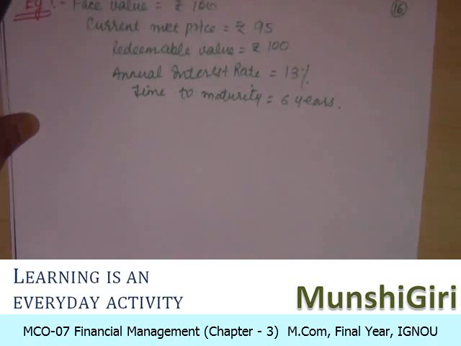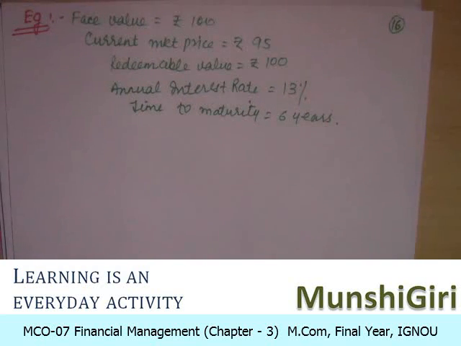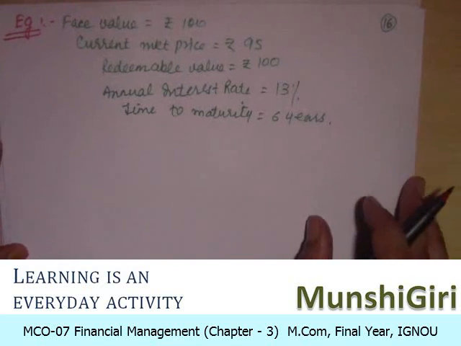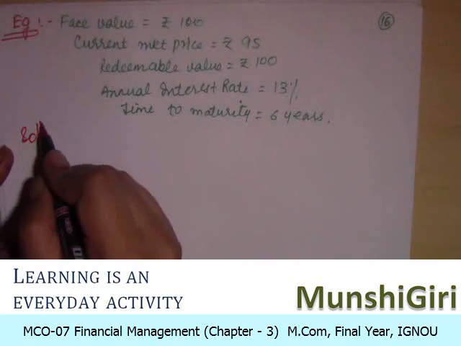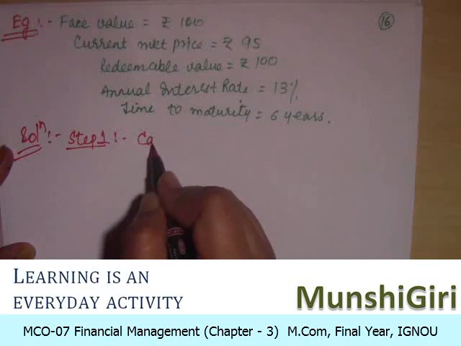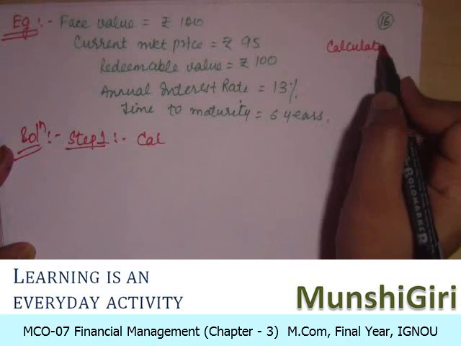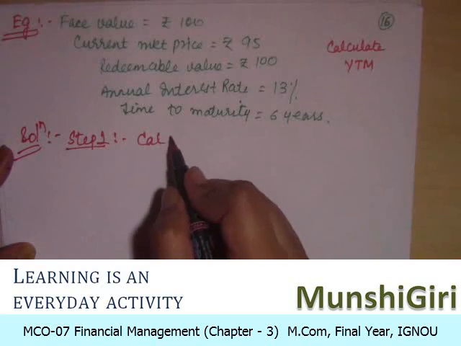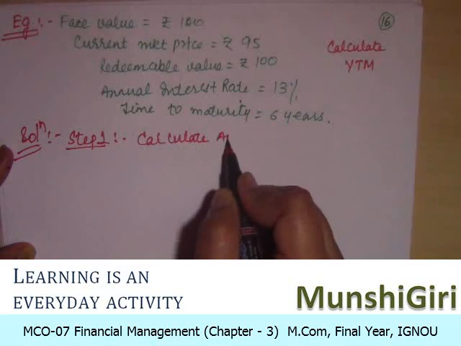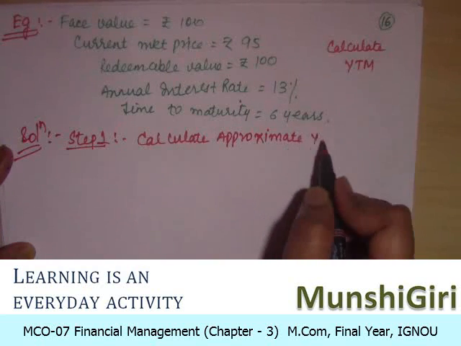So in the first step we had talked about the calculation of approximate yield to maturity. We'll strictly go about the formula that we did on the last page. Step 1 is calculate approximate yield to maturity.